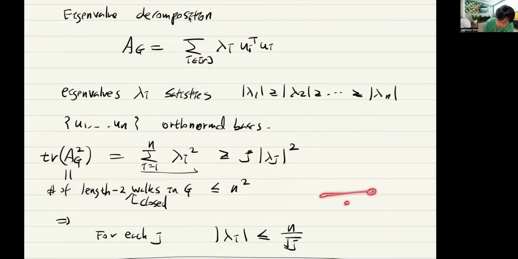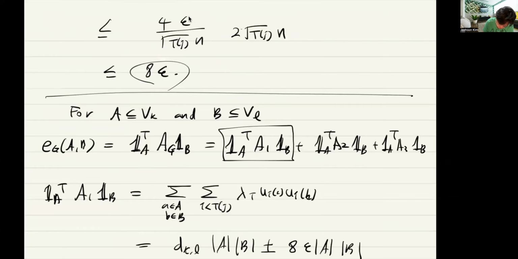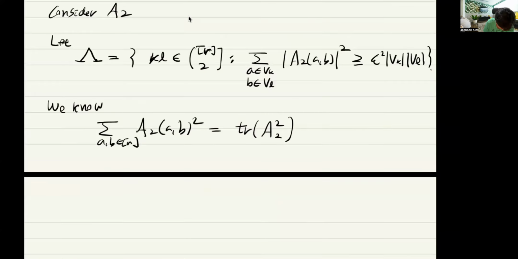If an edge has a weighted value 0.5, you go and come back, and that's 0.25, the multiplication of those two. Up to this weighted count, this is the same thing. So this is at most the trace of this, and by our choice, that's at most epsilon q times n squared.